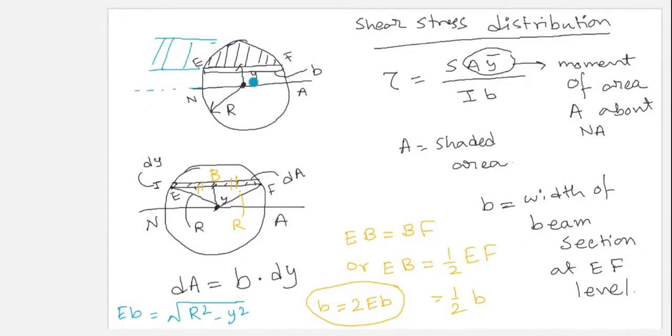Now, this is the neutral axis. So from here, one distance is R, because that is the topmost, and the area you are starting from this y point, because the expression for shear stress is basically the area above this EF level, and the area varies from y to r.